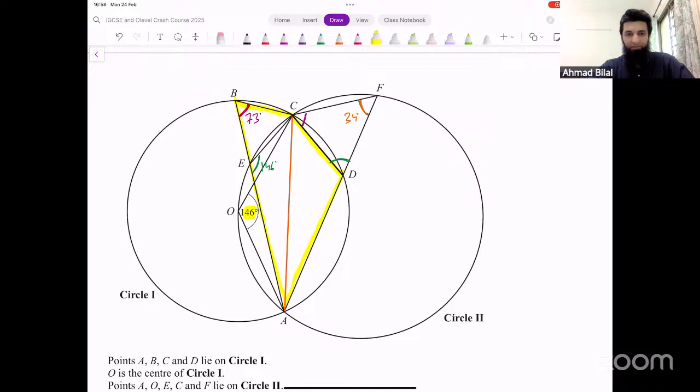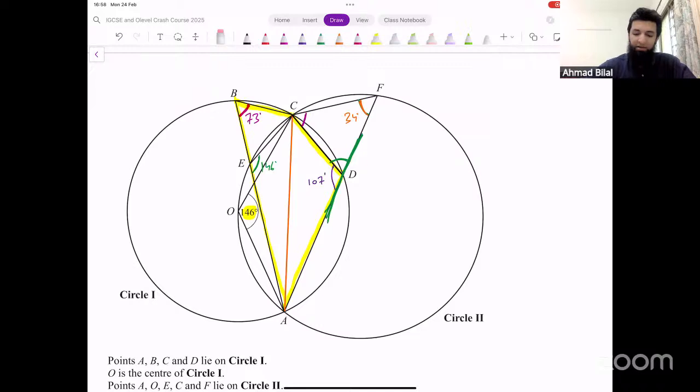That means if this angle is 73, what about the angle opposite to it? It's going to be 180 minus 73, that is 107, right? And if this is 107, this is a straight line.